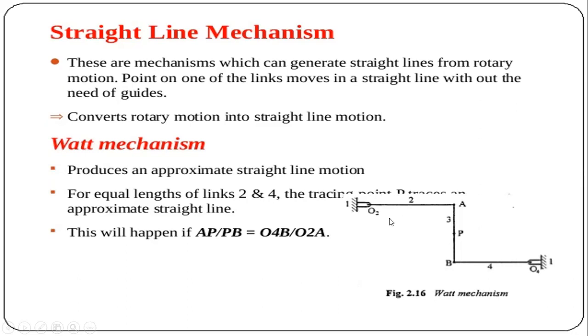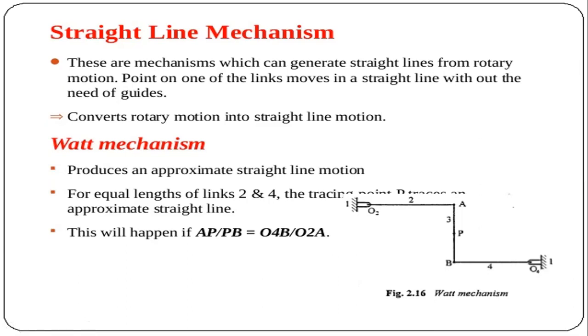You can see it in the picture. The tracing point here is P. The point P is the tracing point for the equivalence 2 and 4, and this forms the approximate straight line, not a perfect straight line.